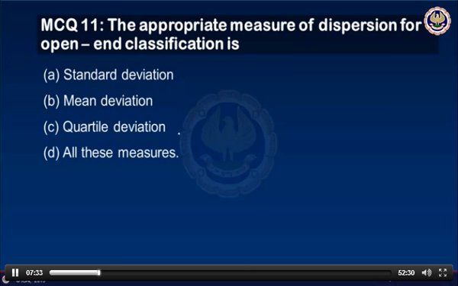We have already discussed in the earlier lectures that mean deviation cannot consider open-end classification, and standard deviation also does not consider it, whereas quartile deviation considers open-end classification. So the appropriate measure of dispersion for open-end classification is quartile deviation. So option C is the correct answer.